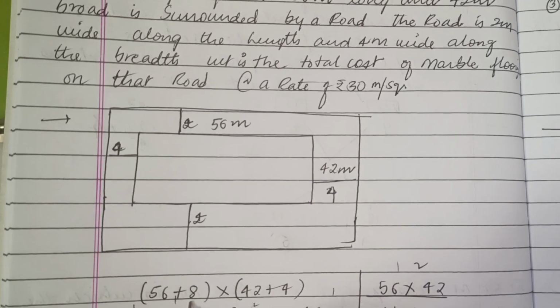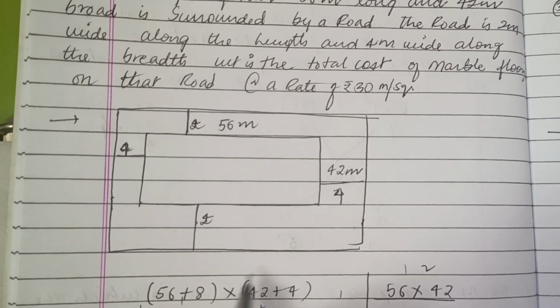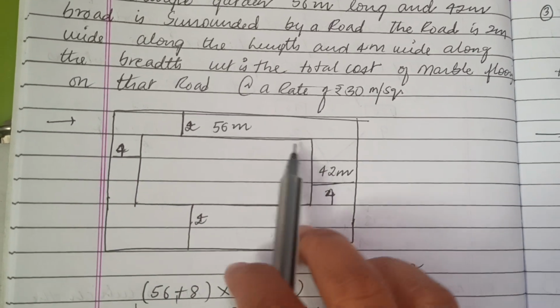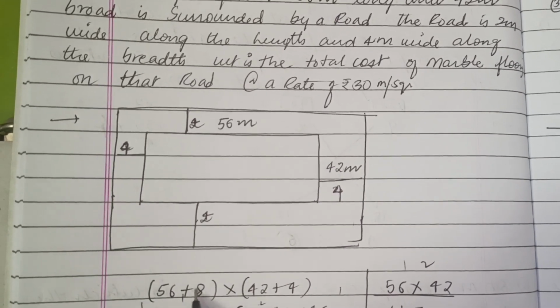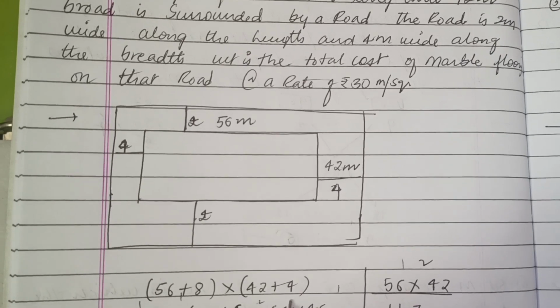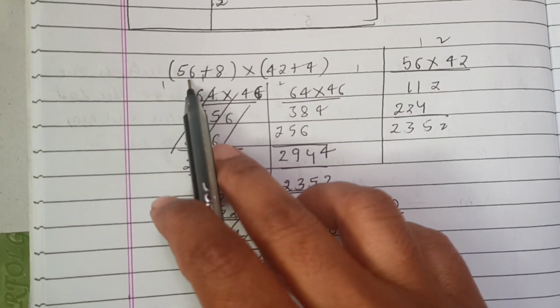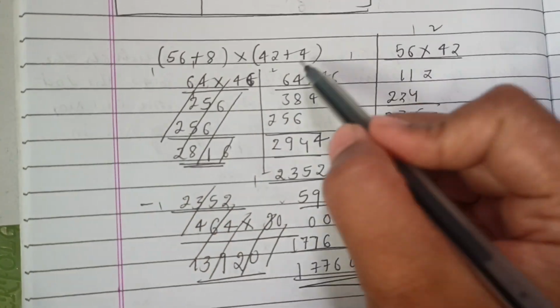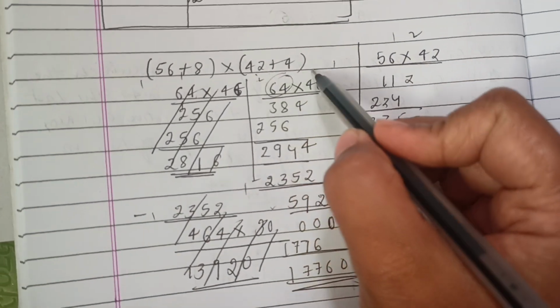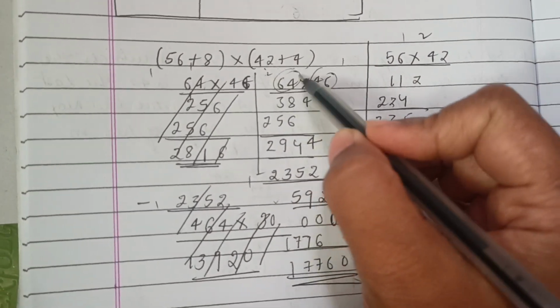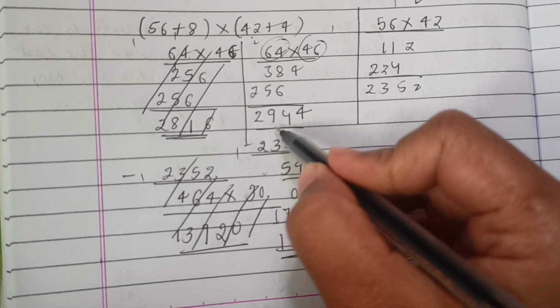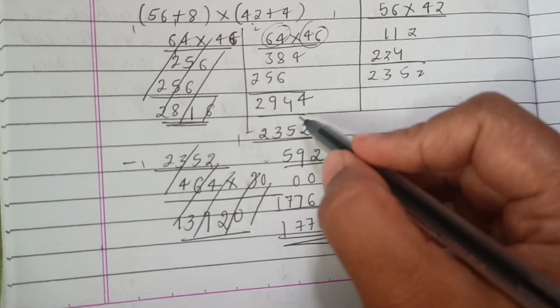So this is the area of the rectangle along with the road, that is 56 plus 8 into 42 plus 4. 56 plus 8 gives 64, and 42 plus 4 is 46. If I multiply this I will get 2944.